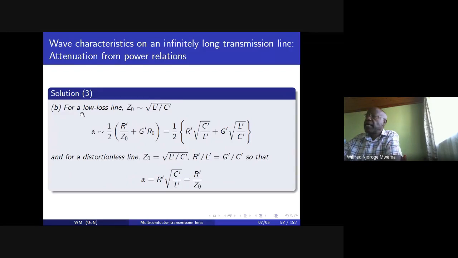So for a low loss line, the Z naught is approximately the square root of L prime by C prime, and alpha is approximately a half of R prime by Z naught plus G prime by R naught, and we get that value there. And for a distortionless line, the Z naught is again given by root L prime by C prime, and the two ratios are equal, and we get that alpha is now going to be R prime divided by the characteristic impedance.